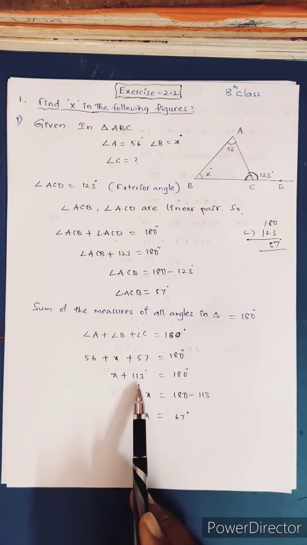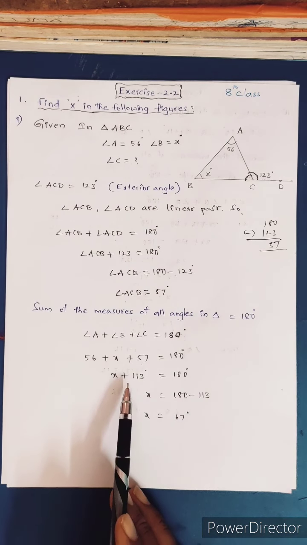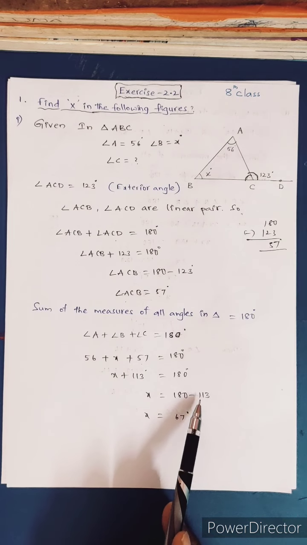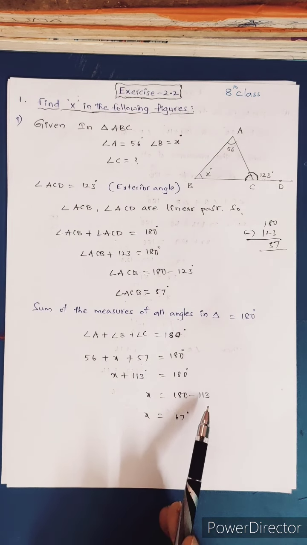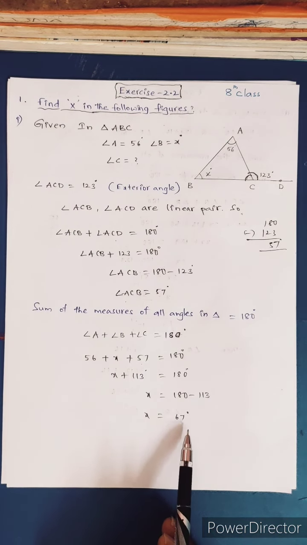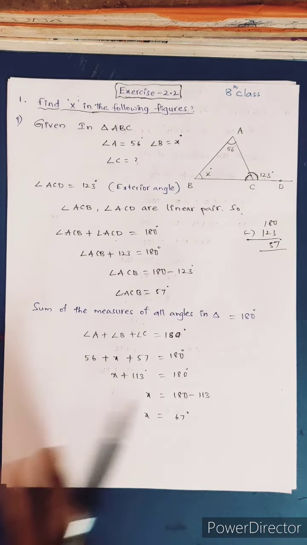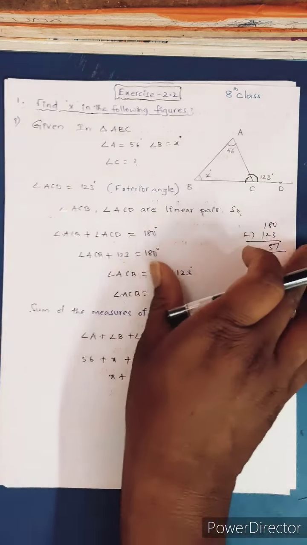Sending this 113 to the other side, addition becomes subtraction after transposing. 180 minus 113 gives 67 degrees. So the value of x is 67 degrees.